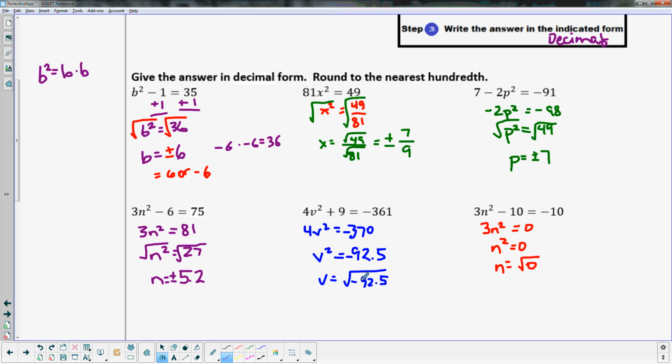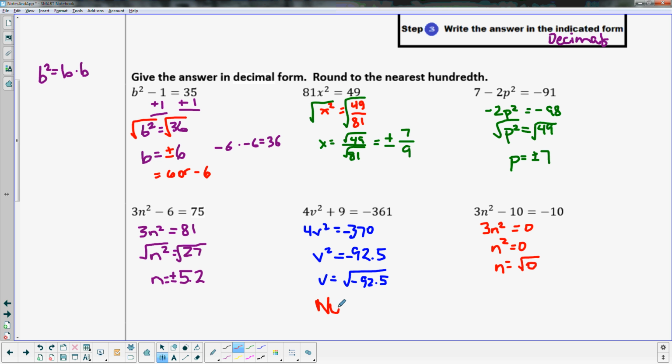Well, a positive times a positive is a positive. So that didn't work. What if it's a negative number? Well, a negative times a negative is also a positive. So there's no way to multiply the same number by itself and get a negative. This gives us an answer of no solution.